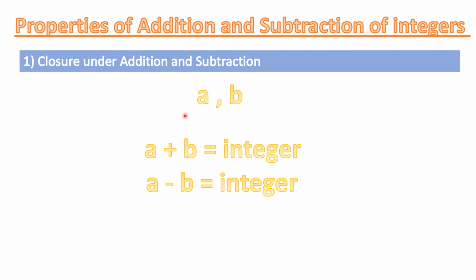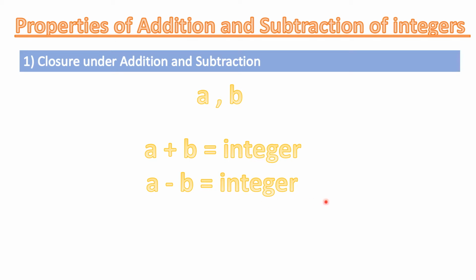Closure property tells us that if we take two integers and add them, we get another integer. Whatever the answer is, that is also an integer. And closure property under subtraction tells us that if we take any two integers and subtract them, then whatever answer we get, that is also an integer.